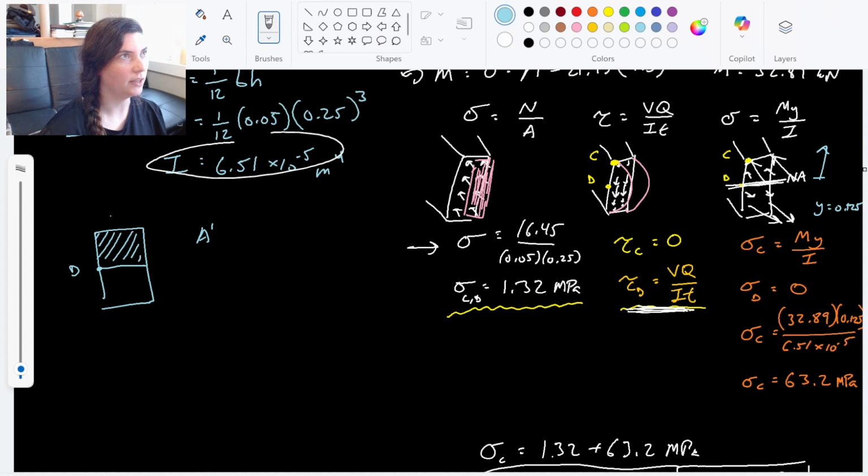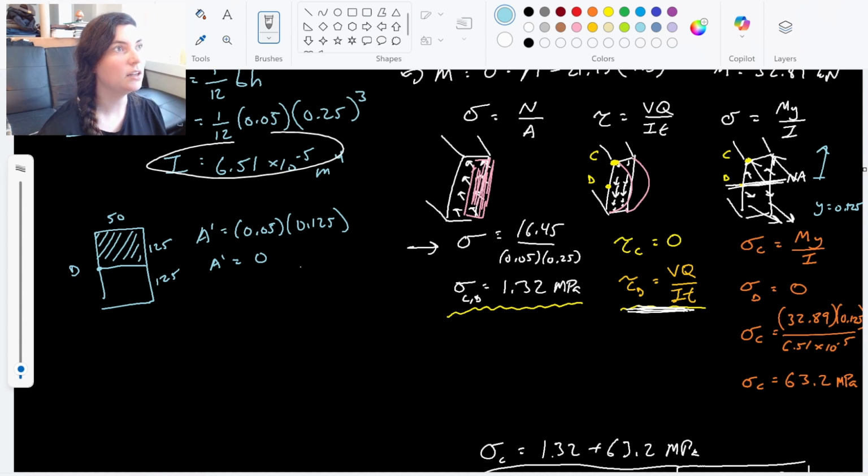So my Q area is going to be that 50 millimeters times 125 millimeters, 0.125. And that gives me an area A prime of 0.00625 from my calculator. And then I also need the centroid here.